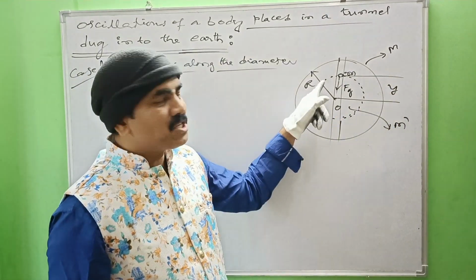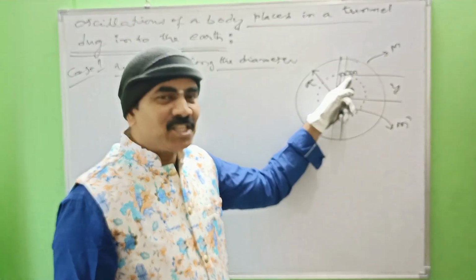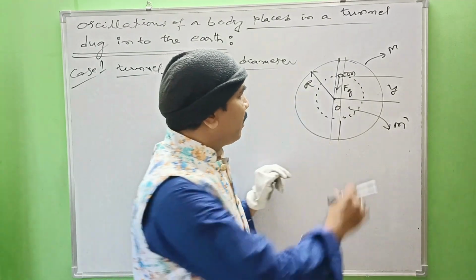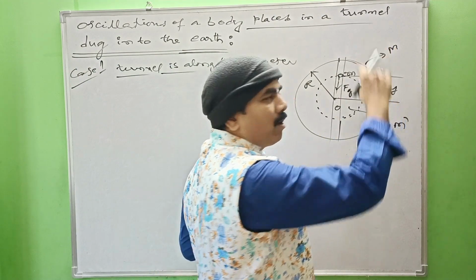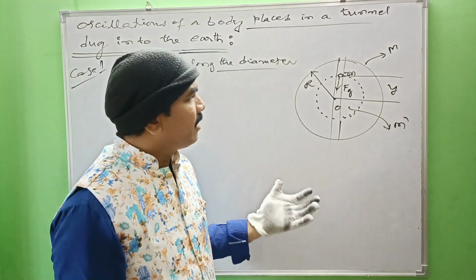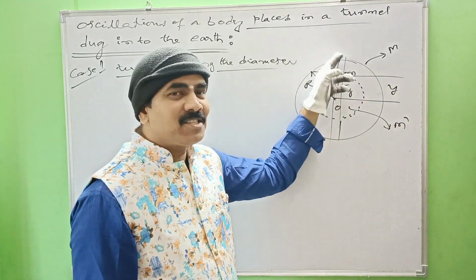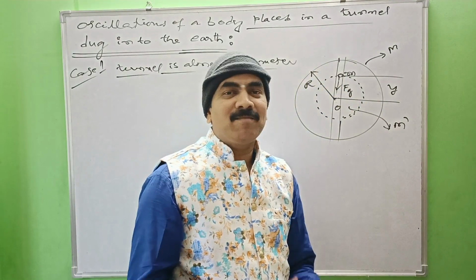That means it is not influenced by the entire sphere of the earth. It is only influenced by a small sphere of radius y, because it is not lying on the surface or outside of the surface of the earth.